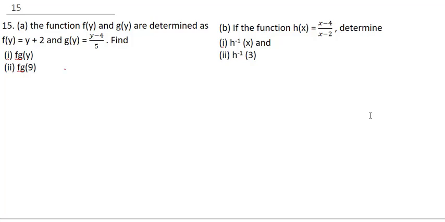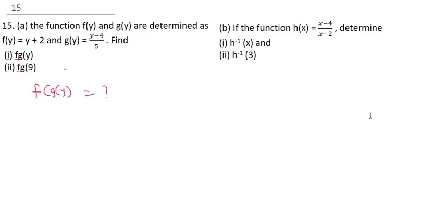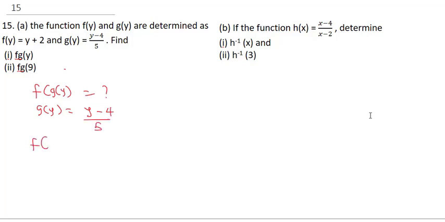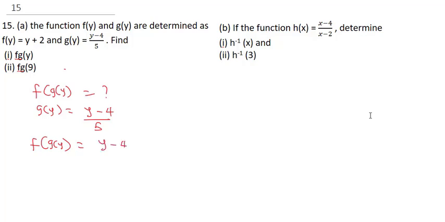Now, in order to solve for f of g of y, we are given that g of y is y minus 4 all over 5. Therefore, for us to put f of g of y, we will take this function and put it as y here. So this is going to be y minus 4 over 5 plus 2.